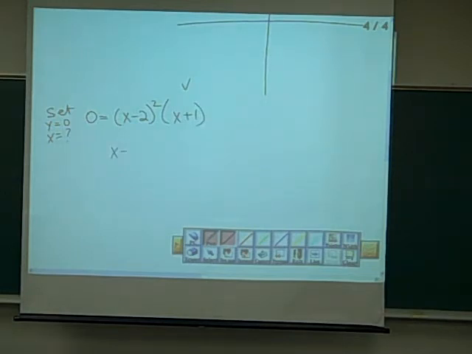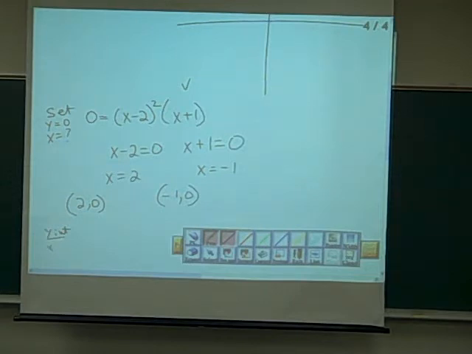Okay, so we just have to set the x minus 2 equals 0 and x plus 1 equals 0. And we get x equals 2 and x equals -1. So this will be 2, 0 and -1, 0 for our x-intercepts.